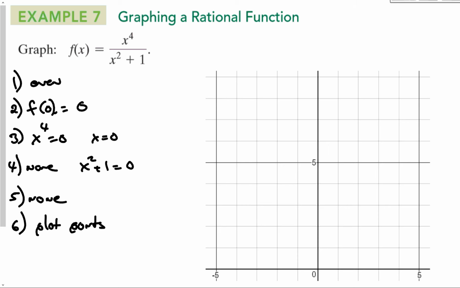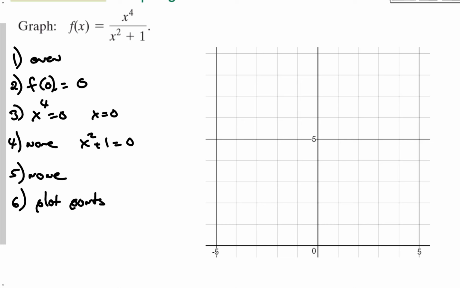Then use what I know about even functions to help me. When I do that, I have this point already, right? If I plug 1 into this function, I get 1/2.